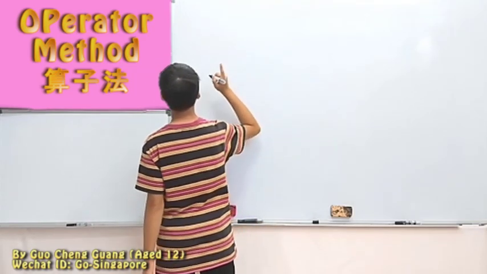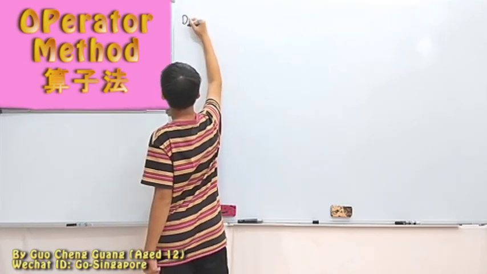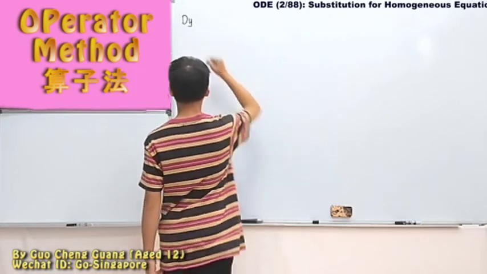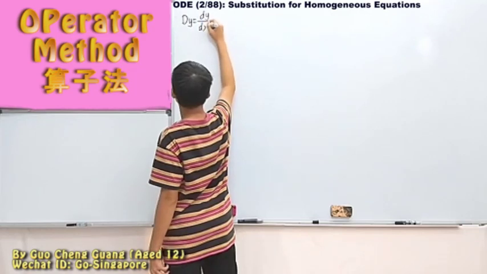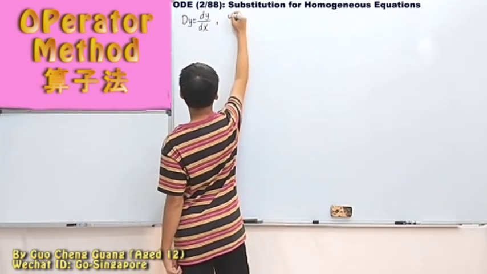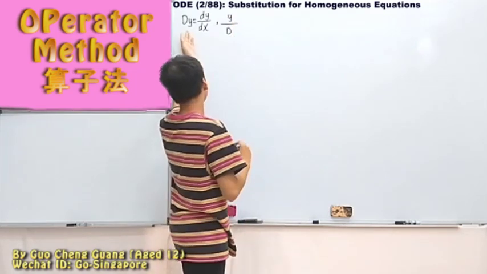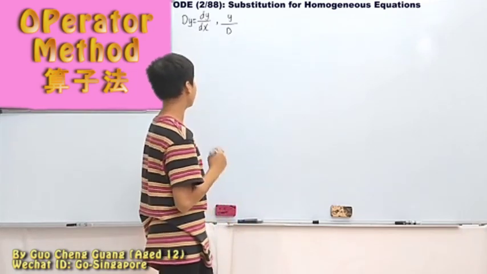So for the first part that you definitely have to know. Okay, you know dy, right? So dy, you're just saying it is dy over dx. But wait, what if I change it a bit? I change it into y over d. Or other than using y, you can also use f(x) to represent that function of x.